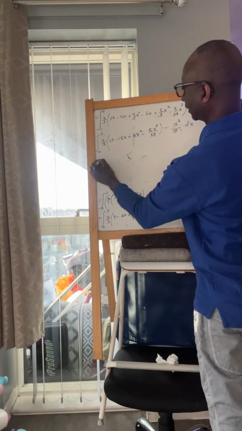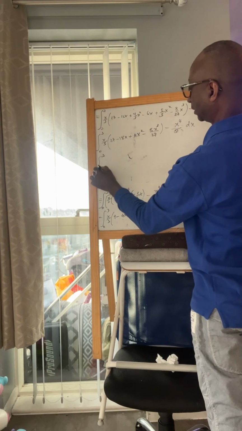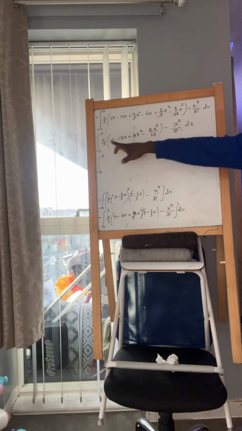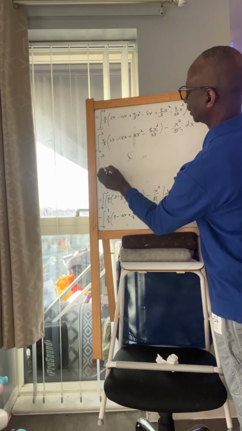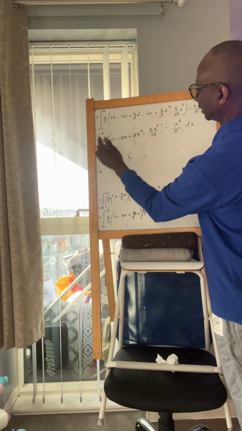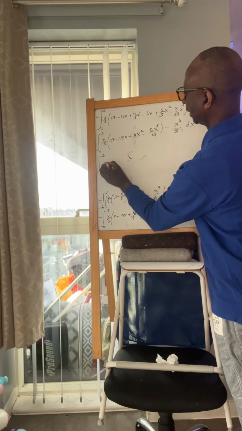So now let's expand this. This is 3. Let's now expand this x cubed here. This x over 3 we have here. So this is going to give us 27 divided by 3 is 9. So you get here 9x.